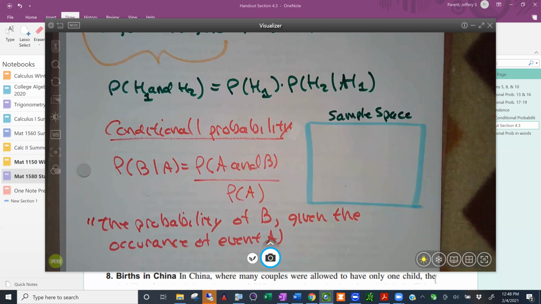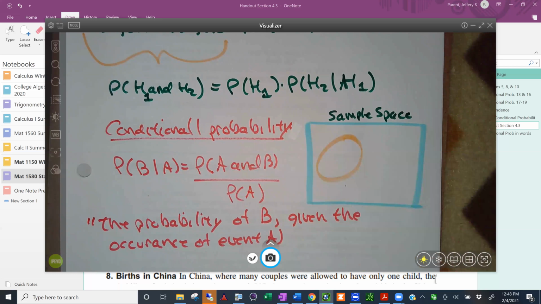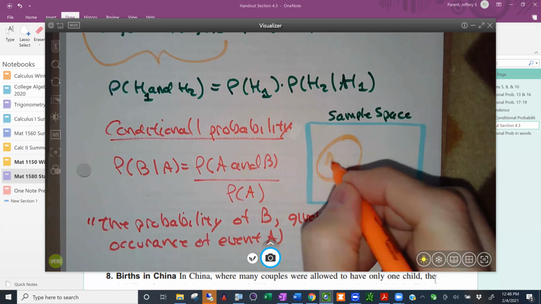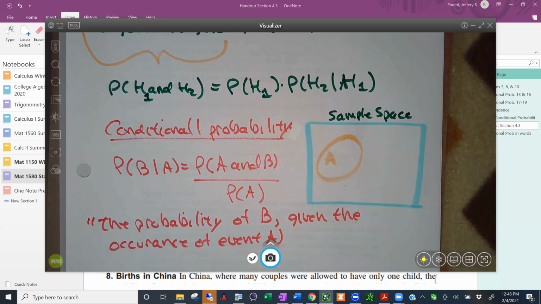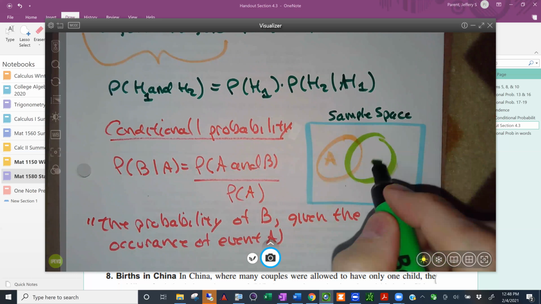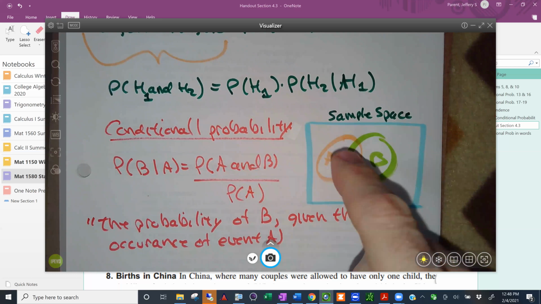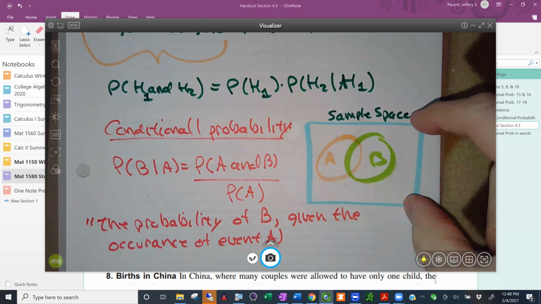Then I'm going to have two events inside that sample space. We'll call one event A and the other one event B. Typically, the probability of event A is the area of A divided by the area of the sample space. No problem.